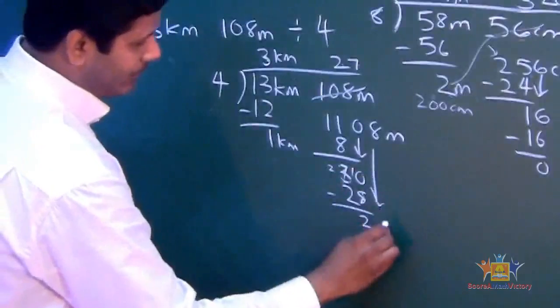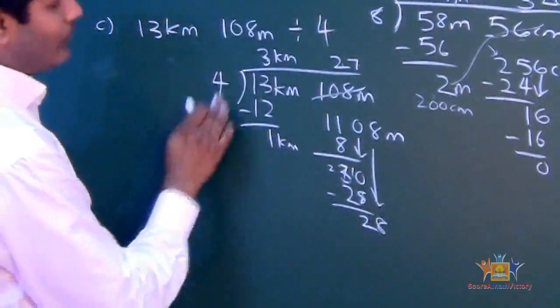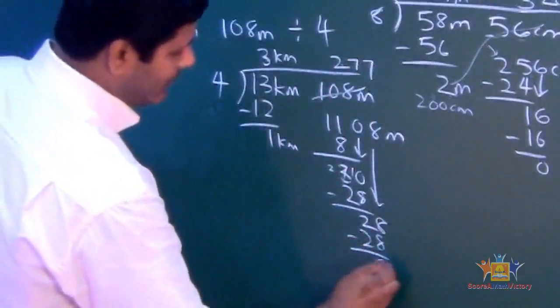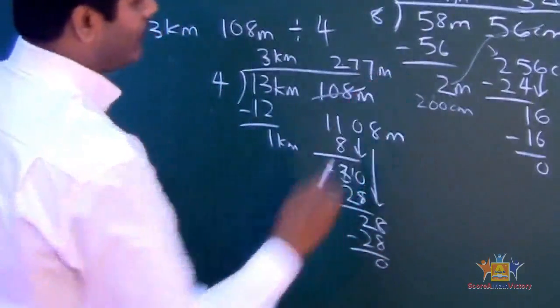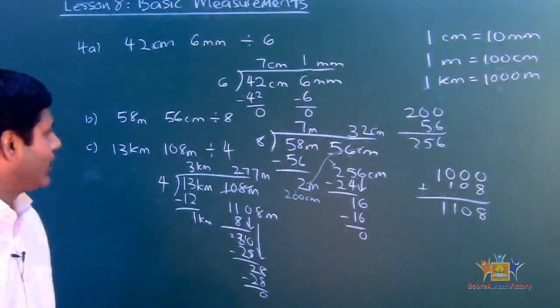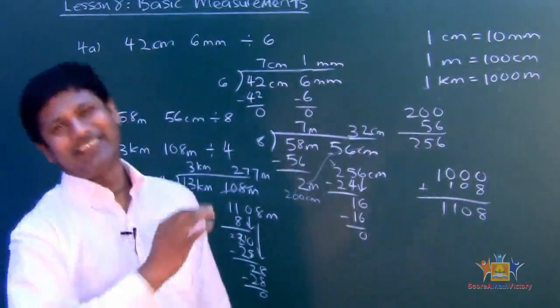Now I bring the 8 down. In 28 there's how many 4? 7 again. 7 times 4 is 28, minus gives me 0. And then bring the meter up. Very important. So that gives me 3 kilometers and 277 meters.